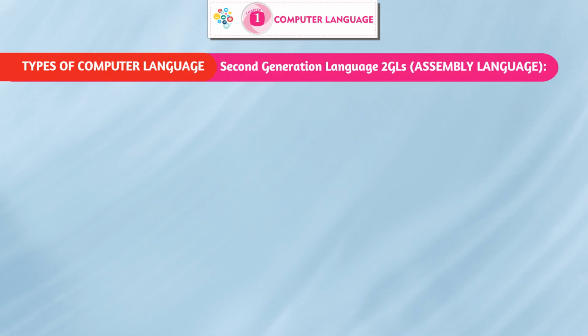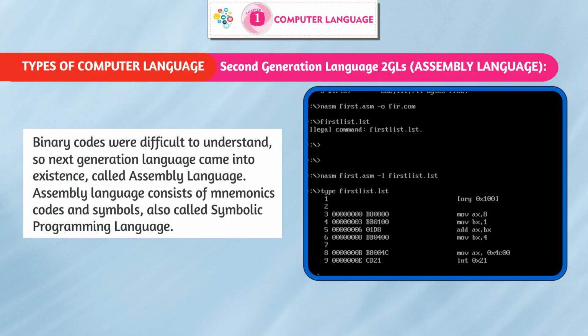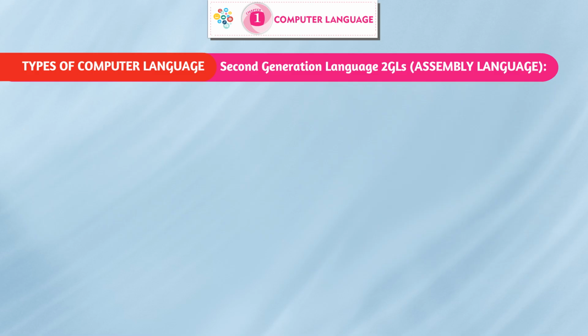Second-generation language, 2GL: assembly language. Binary codes were difficult to understand, so the next-generation language came into existence, called assembly language. Assembly language consists of mnemonic codes and symbols, and is also called symbolic programming language.